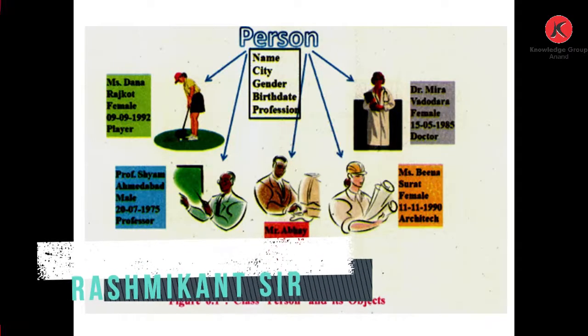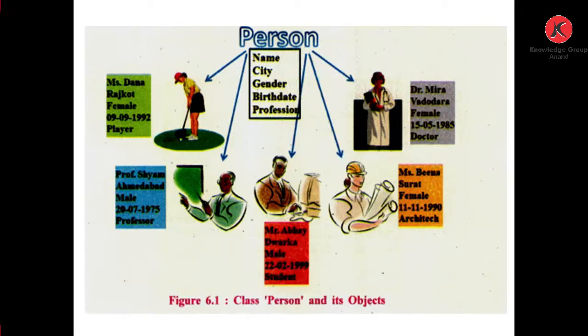We learned about the object-oriented paradigm. We learned in the previous lecture what an object is. We also learned that an object-oriented language has encapsulation, abstraction, polymorphism, and inheritance.